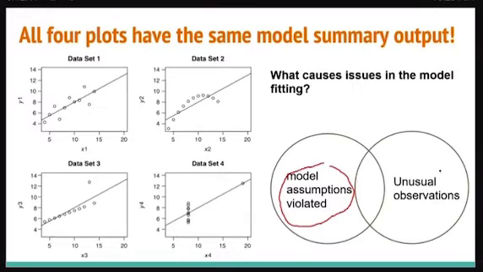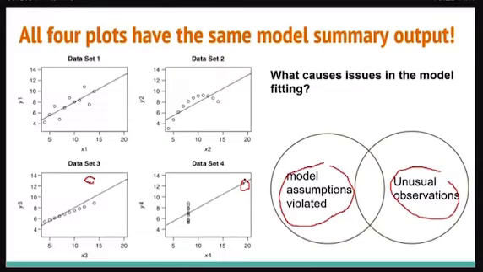And if there's unusual observation, if you take a look at this guy, and this guy, they are classified as unusual observations. They also need to be investigated. If they are present in the data, there's going to be an issue. It could be problematic to the model.